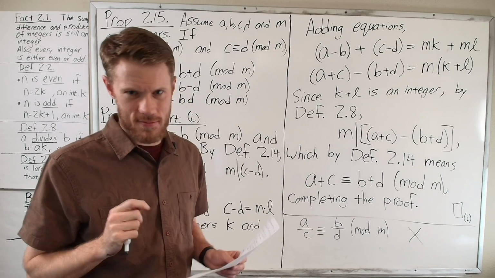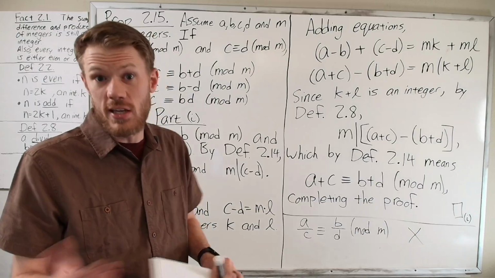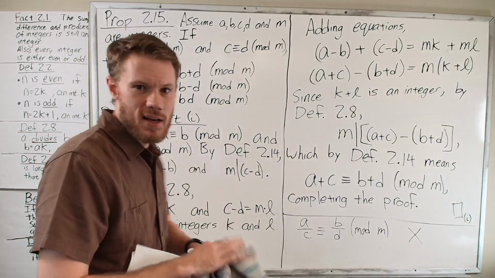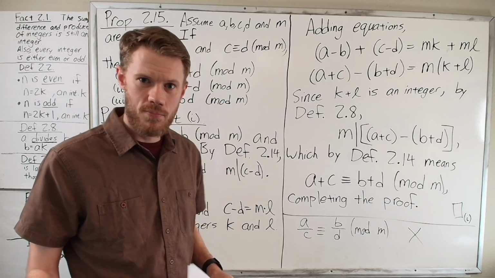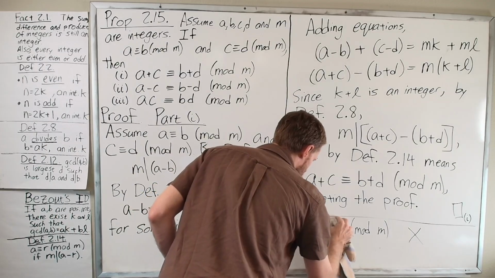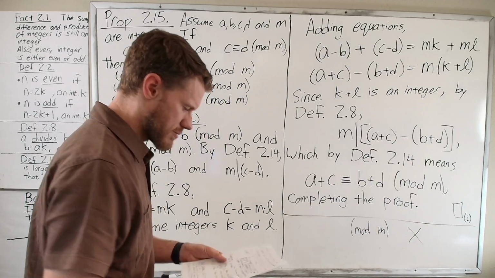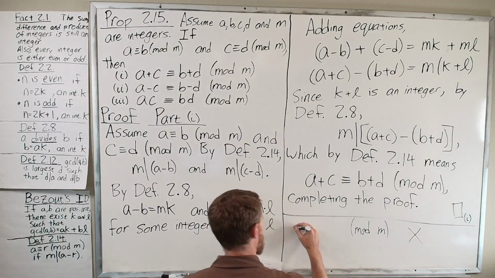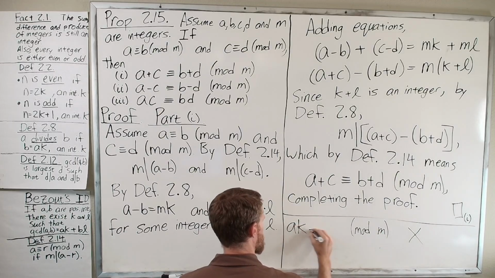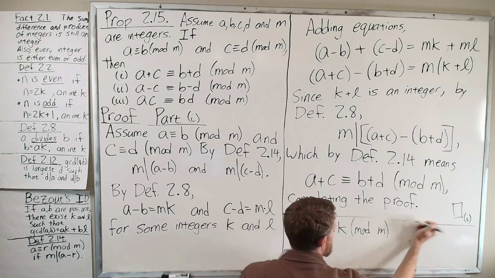Is that the only reason? If you could guarantee that you get integers, is it then true? Is it just that we have to stipulate some extra conditions? Another way to write that is if you can guarantee that you can divide it out, let's write it like this. Suppose you have a times k being congruent to b times k mod m.